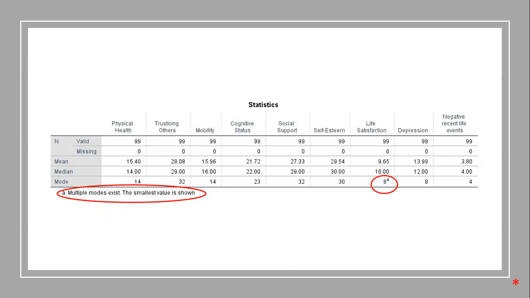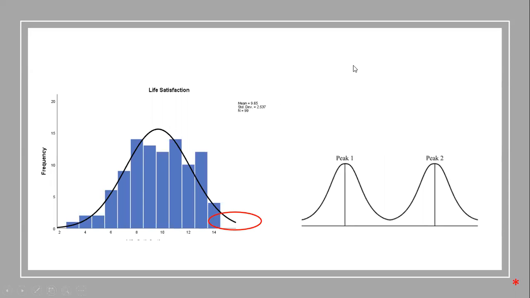As we can see from this chart, the variable life satisfaction has multiple modes. This is the histogram for the variable life satisfaction. I draw your attention to the bottom of the bell curve, which is superimposed on our histogram.